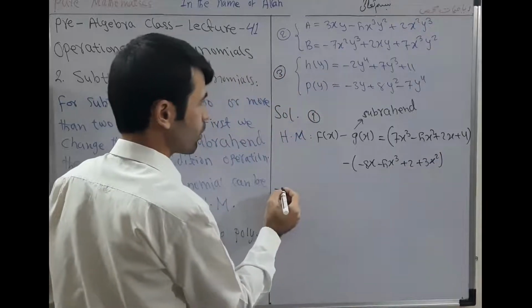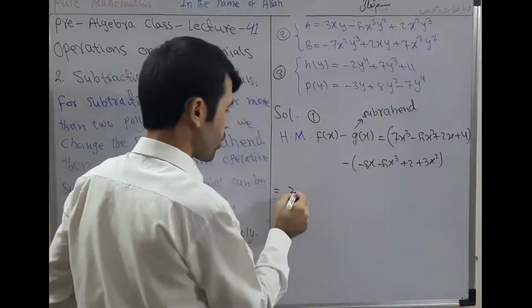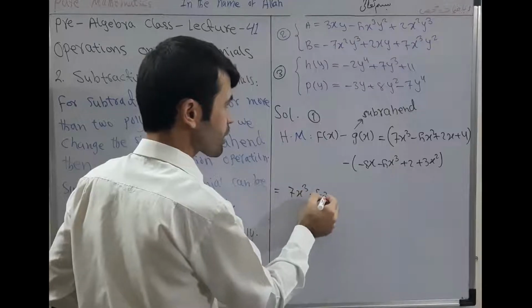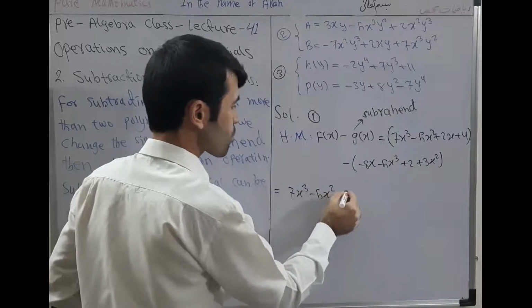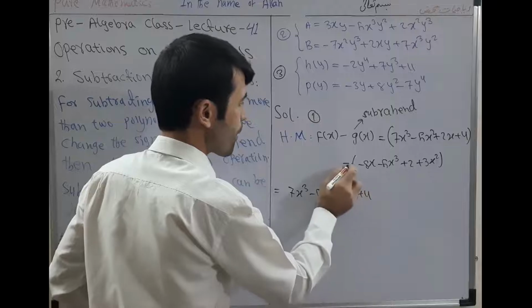Now it is equal to 7x cubed minus 5x squared plus 2x plus 4.